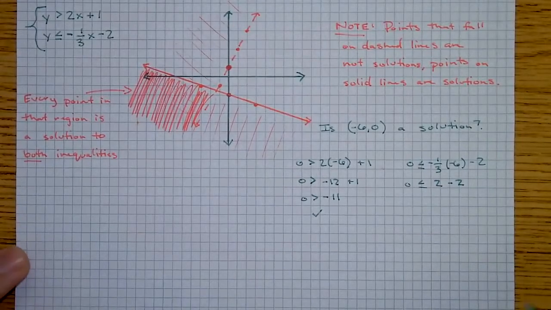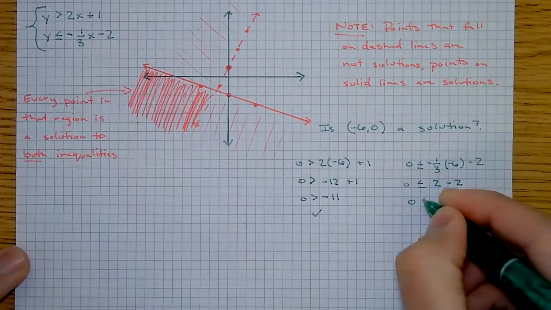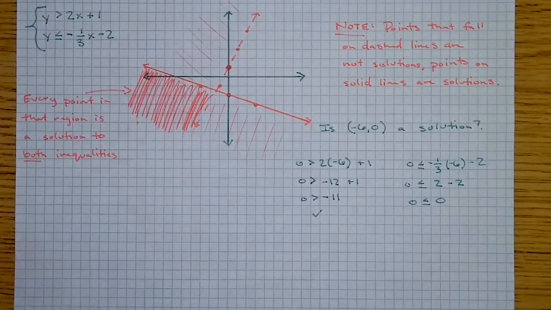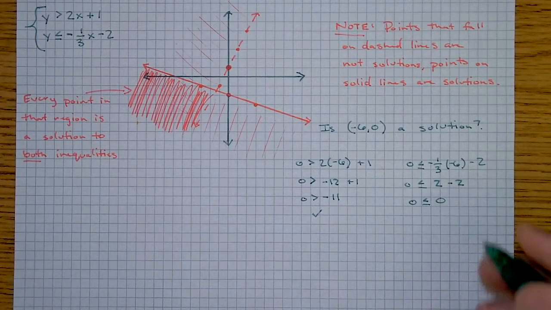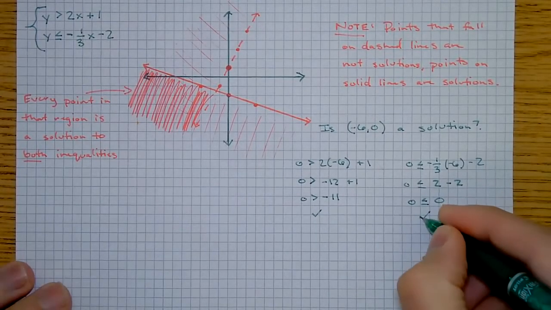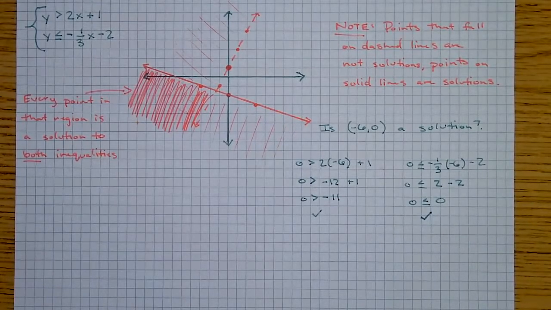So on the second one, we end up with 0 is less than or equal to 0. Is that a true statement? Yeah, because it is less than or equal to. So that makes it true.